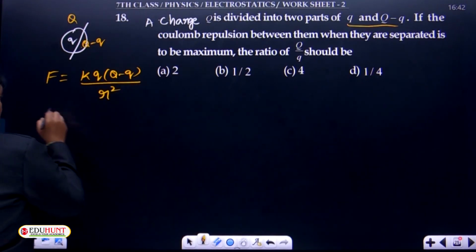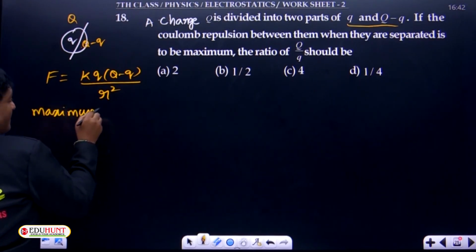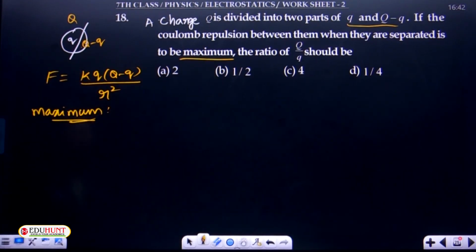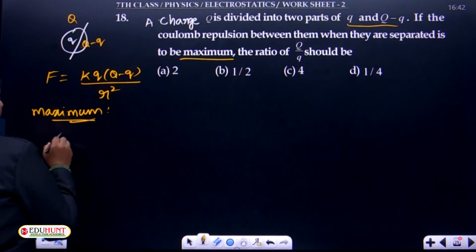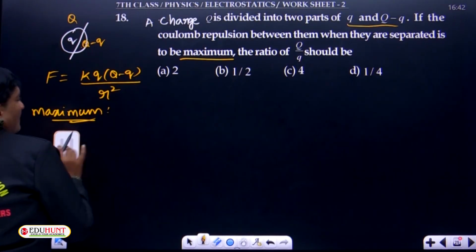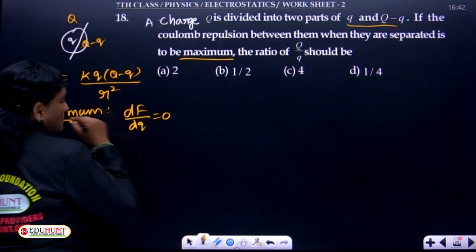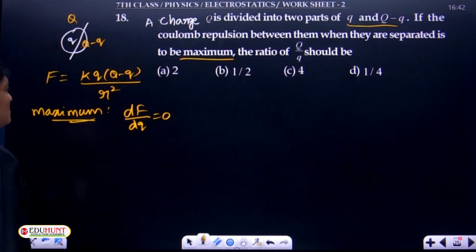Now they said that for the maxima condition, the force must be maximum. The condition for maxima is dF by dq must be equal to 0.